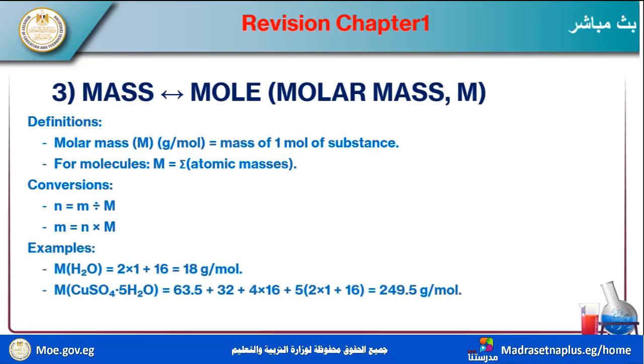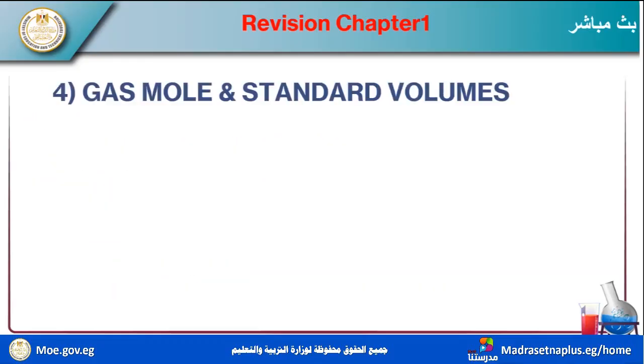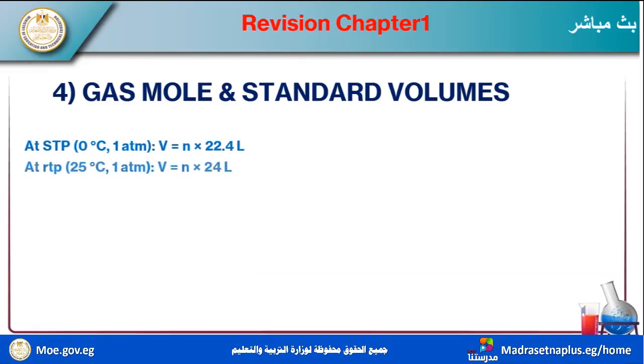This is an example I taught in the last slides before. Okay, and we have many examples. And for gases, I taught that volume equals n times 22.4 liters at STP.